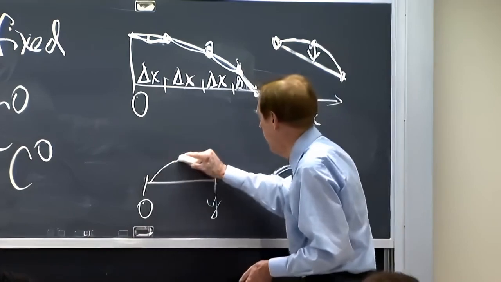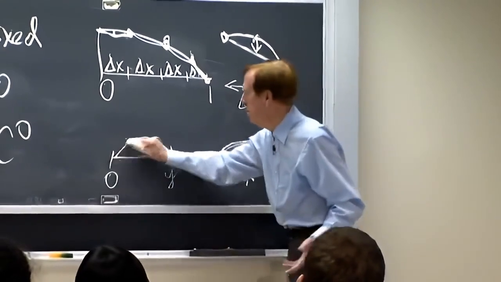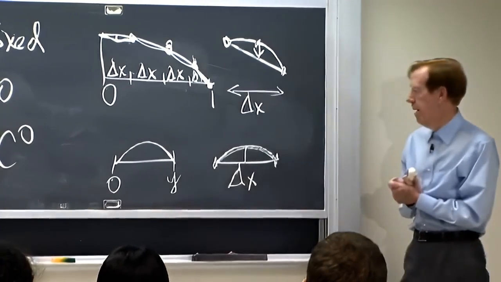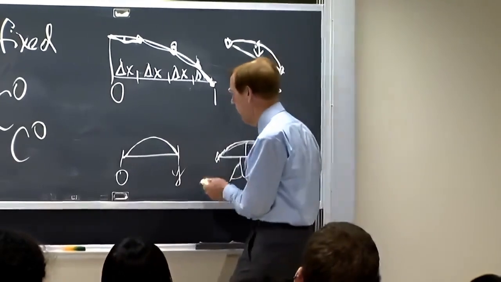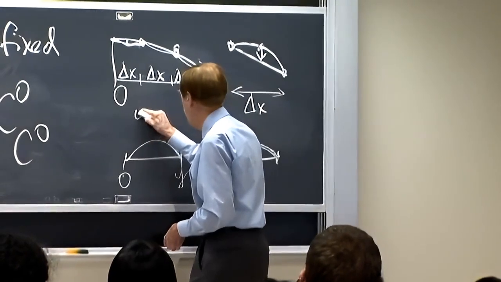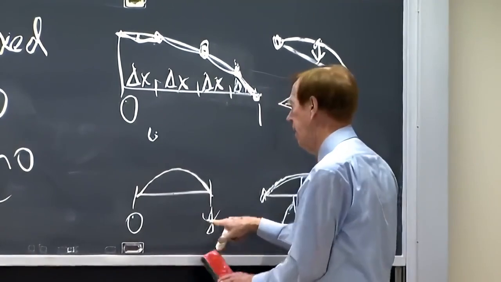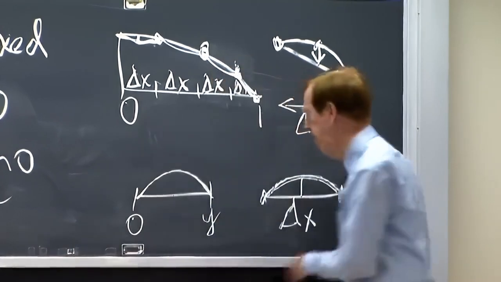What would be a little parabola that has a slope of 1, let's say, at both ends? What would that parabola be? We probably have seen that before. If I wanted a slope of 1 at both ends, it would be something like the polynomial.